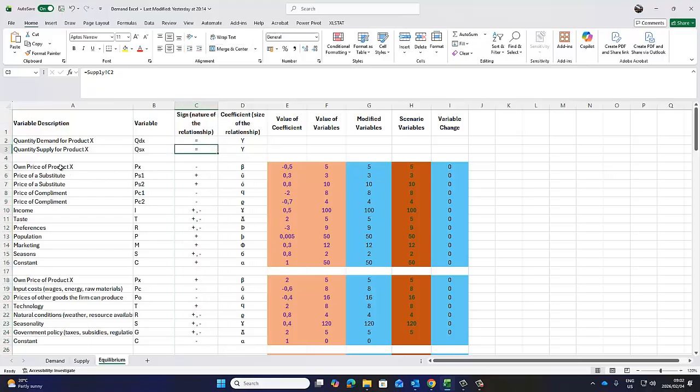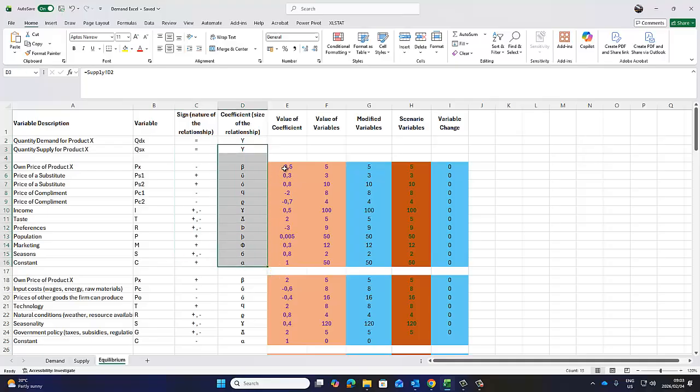So there's my demand variables: own price, price of substitute, price of complements, income, taste, preferences, marketing, seasons. Remember, constant is not a variable per se, but obviously we have to include it since there's always going to be a demand, etc. We've been through that in the first video too, so you're welcome to recap there. And there are the variable abbreviations, the signs, and the symbols.